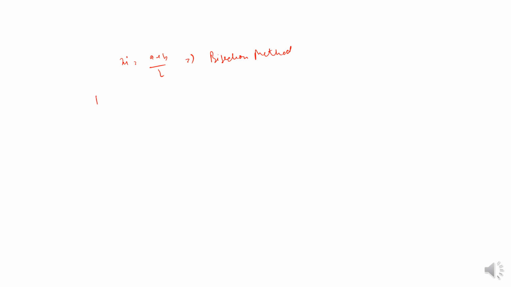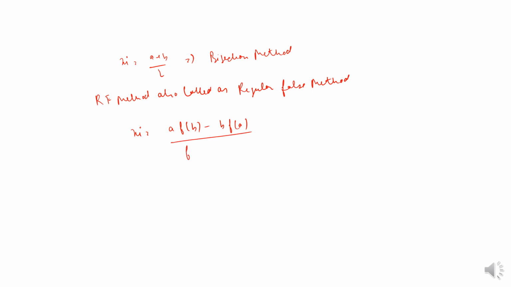Now we are seeing the RF method, also called regula falsi. The regula falsi method is actually given by xi is equal to a into f of b minus b into f of a, by f of b minus f of a.